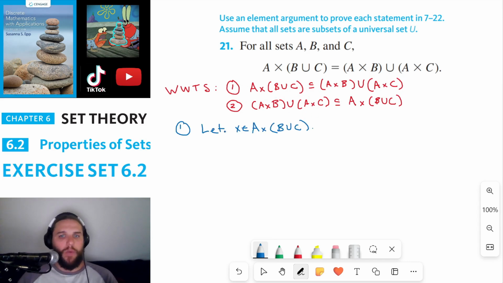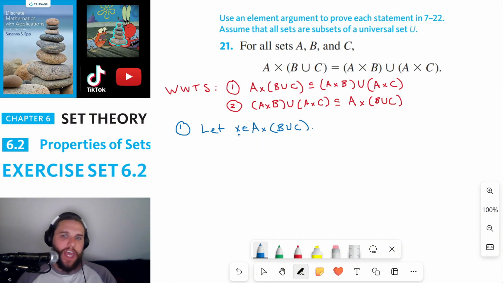Now, normally we would say let X be an element of A cross (B union C). But this approach is a little bit misleading, because if you think about what elements are in the cross products, elements of cross products are themselves ordered pairs.